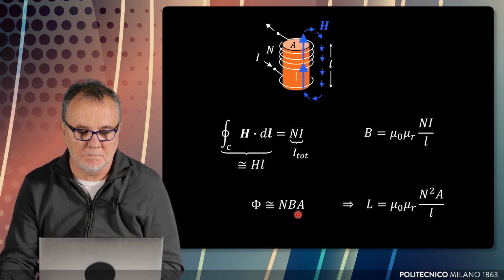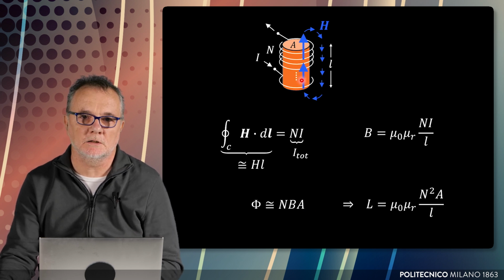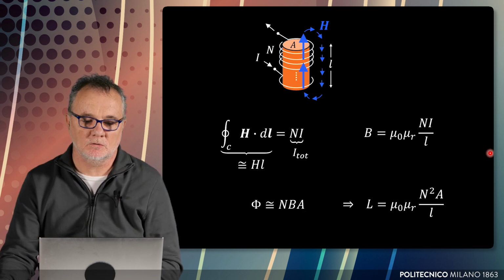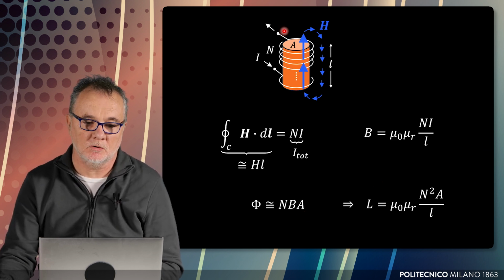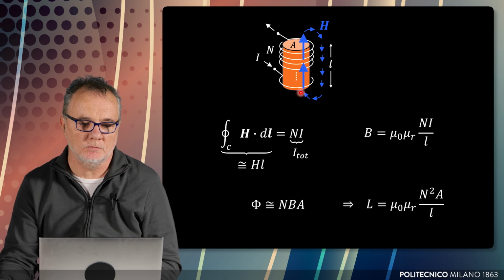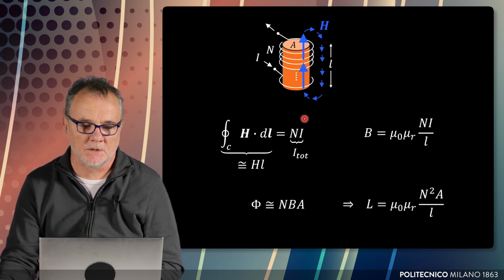It is simply B times A. Through the whole of the loops, the concatenated flux is n times the previous one. So the total concatenated flux through this solenoid is the flux of B, which is B times A, but one for each loop, because it's the complete concatenated flux of the system.